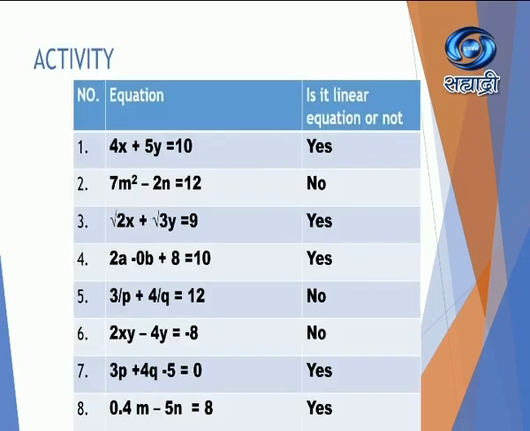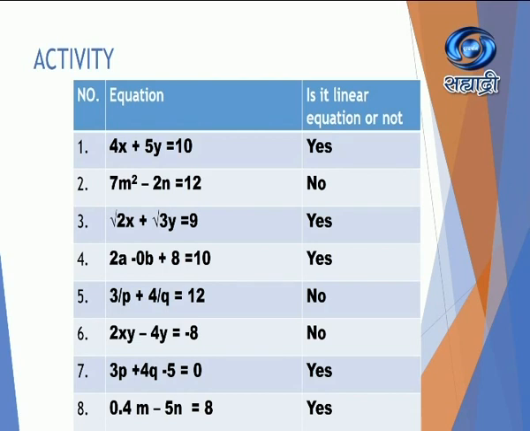Now here is a small activity: identify whether the given equation is a linear equation or not. The first one is 4x + 5y = 10. It is absolutely according to the general form of our linear equation. So yes, it is a linear equation.